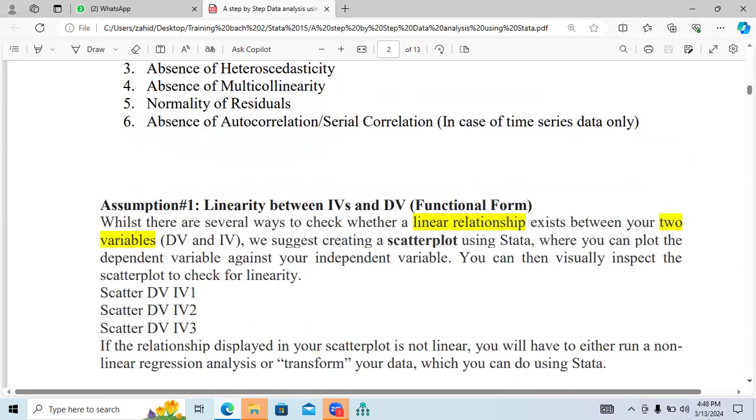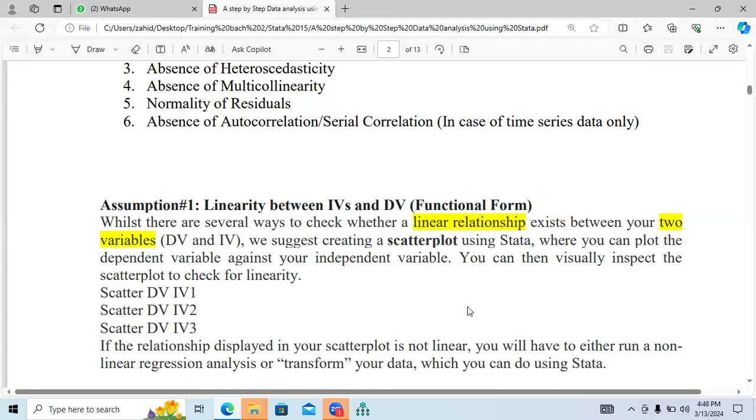So let us first discuss the linearity between independent and dependent variable. You need to understand that linearity is basically the linear relationship between dependent and independent variable, which is indicated by a straight line.